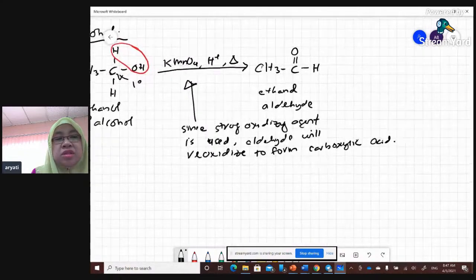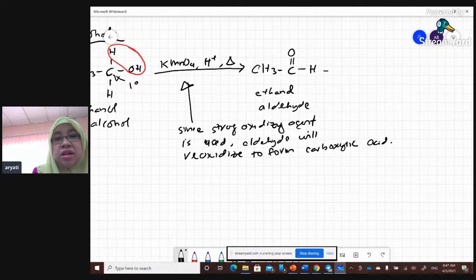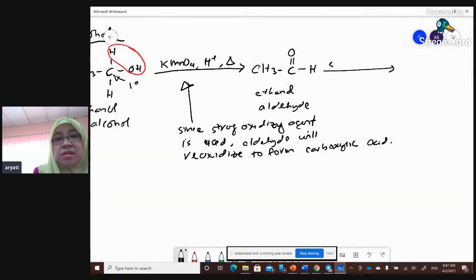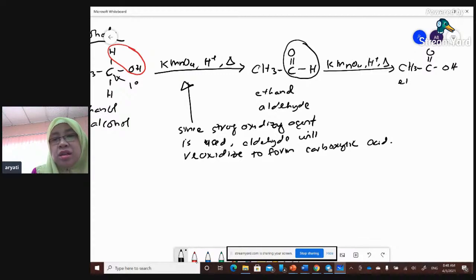Sebab kita guna strong oxidizing agent, jadi dia akan reoxidize. Dia akan jadi CH3, C double bond O, H ialah OH, ini ialah ethanoic acid. Ethanoic acid is a type of carboxylic acid.